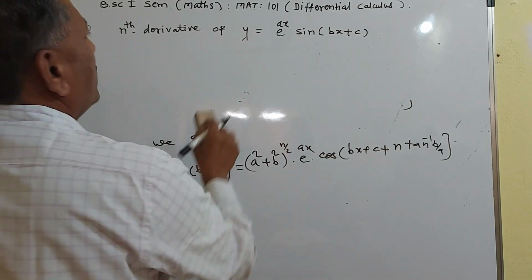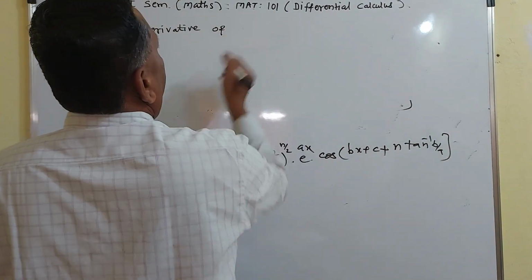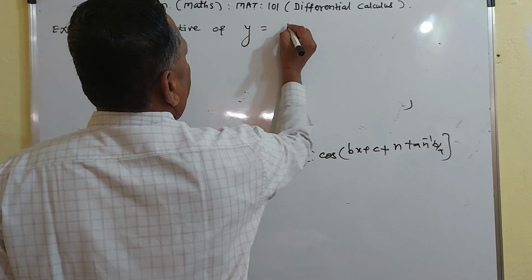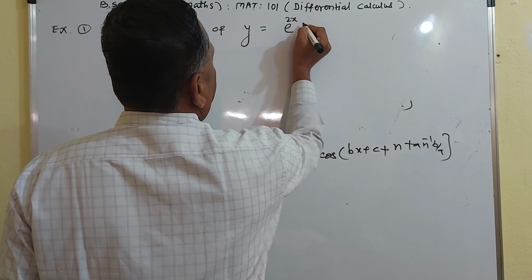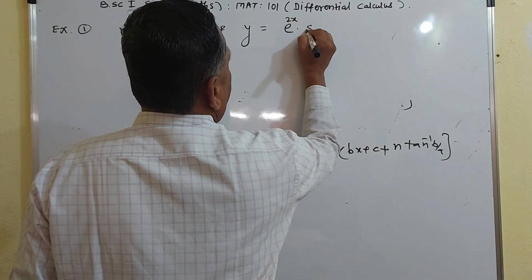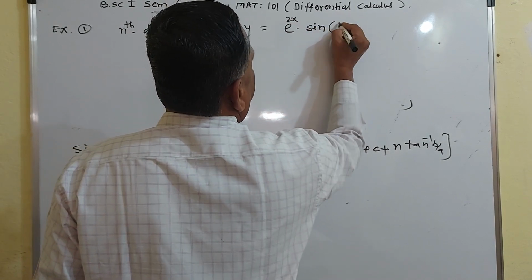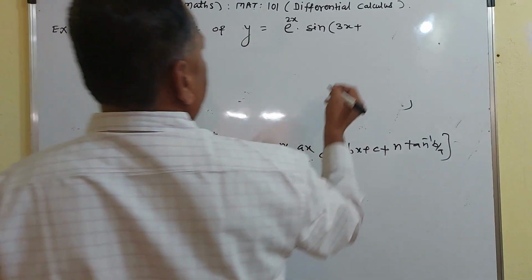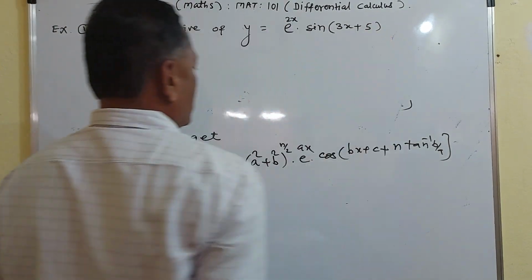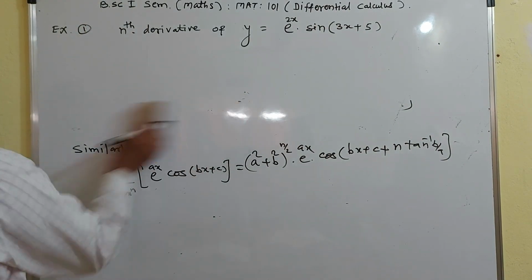Find the nth derivative of y is equal to e raised to 2x into sin of 3x plus 5. Solution.